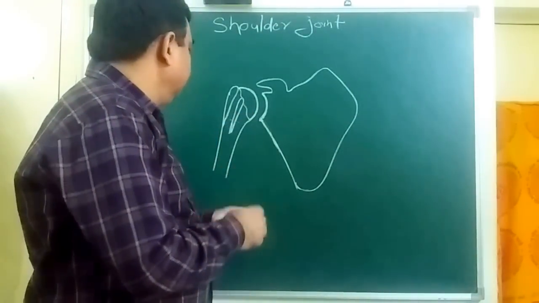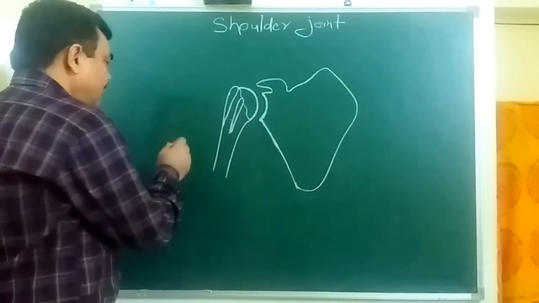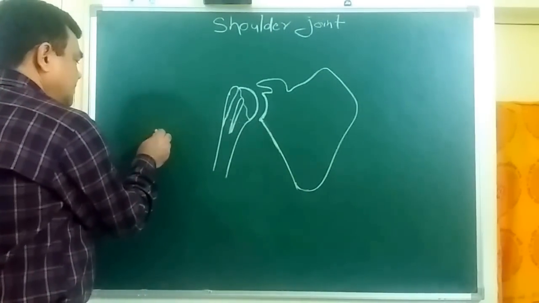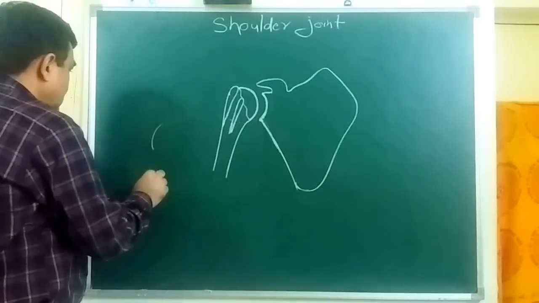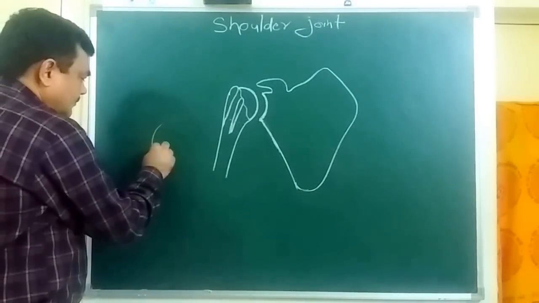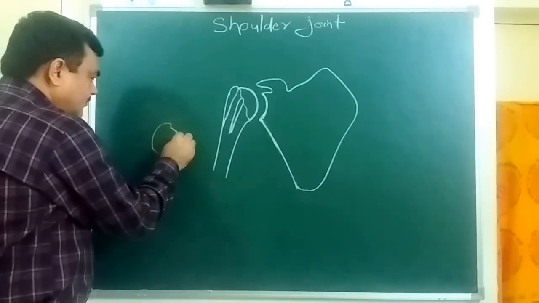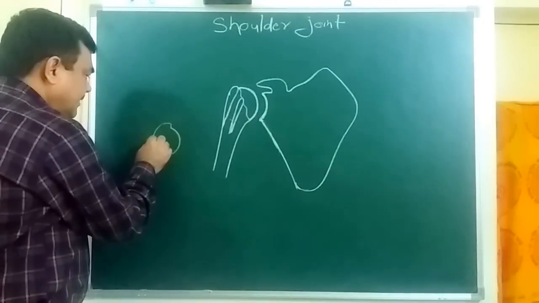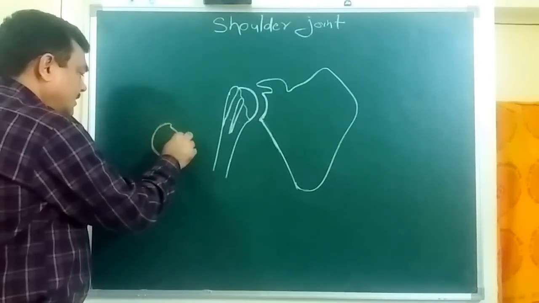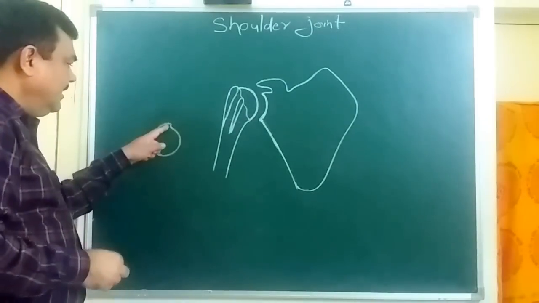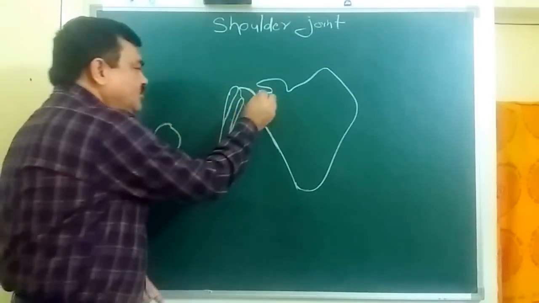If you see the glenoid cavity from here, this is the glenoid cavity. Here is a tubercle.